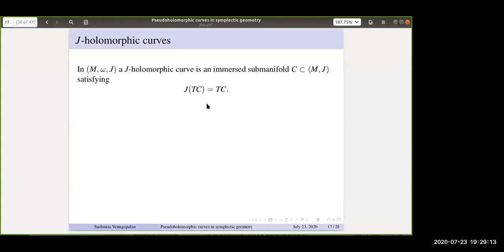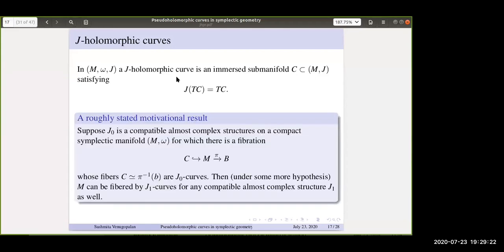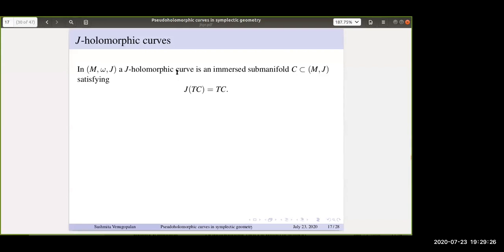So for example, if you were to take the... sorry, this should have been clarified here itself, but this is called a curve because it's a complex curve. This immersed submanifold is actually two-dimensional. It has two real dimensions, but it's called a curve because it's like a complex curve.